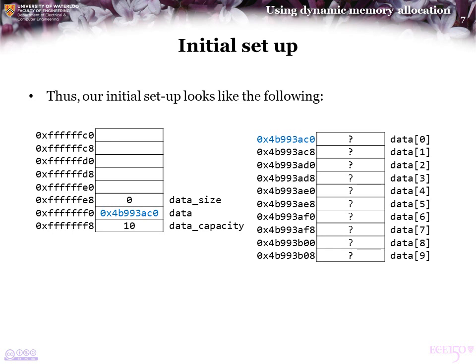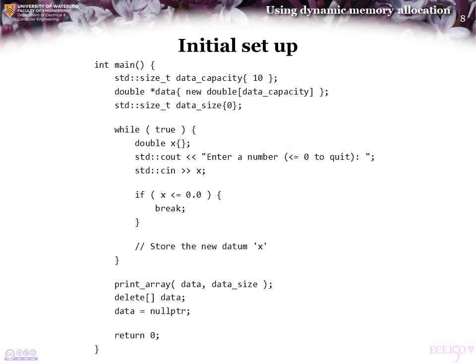So we can see that array over here on the right hand side. Now, we can refer to those 10 entries using data 0 through data 9. The data size is initially 0. All right, so with our initial setup, we now have the following at the top of our program.